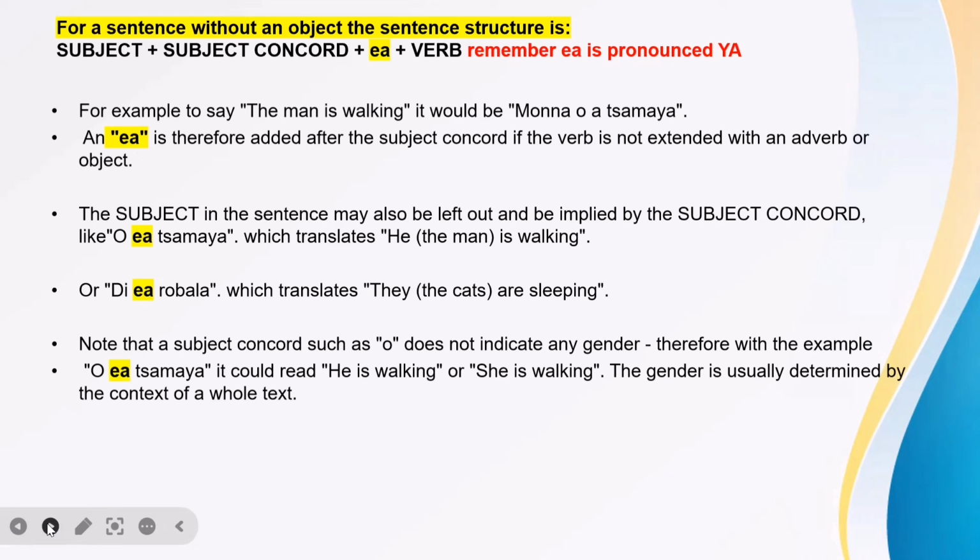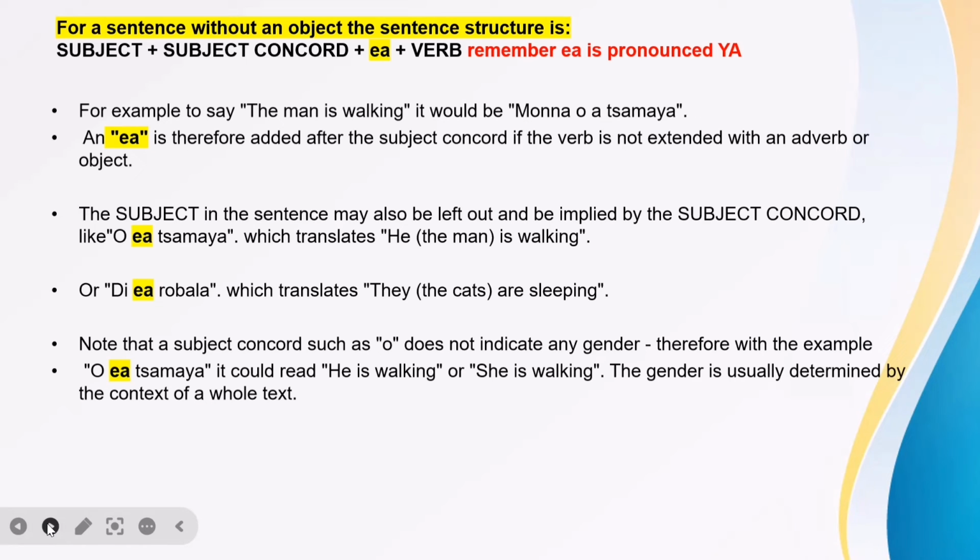For example, to say the man is walking, it would be munna uyatsamaya. An EA, which is ya, is therefore added after the subject concord if the verb is not extended with an adverb or object.